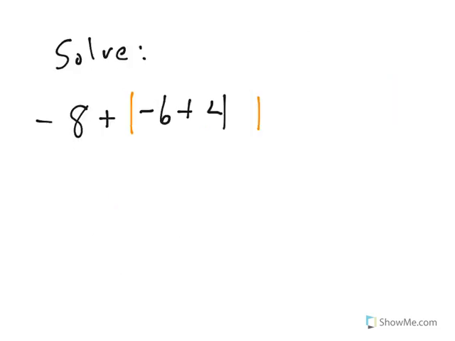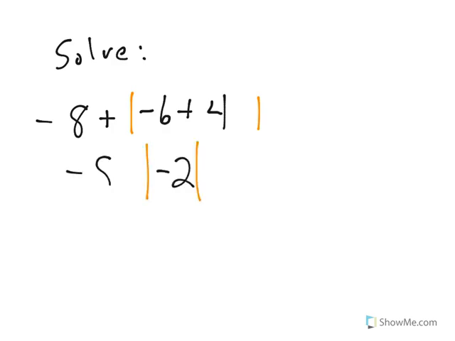Okay, you should get a pop-up box now for this problem. Okay, so we have negative 6 plus 4 inside the absolute value bracket, so that's what we have to solve first. Negative 6 plus 4, the signs are different, so we subtract. 6 minus 4 is 2. And we take the sign of the higher number, in this case it's negative, so we have negative 2.